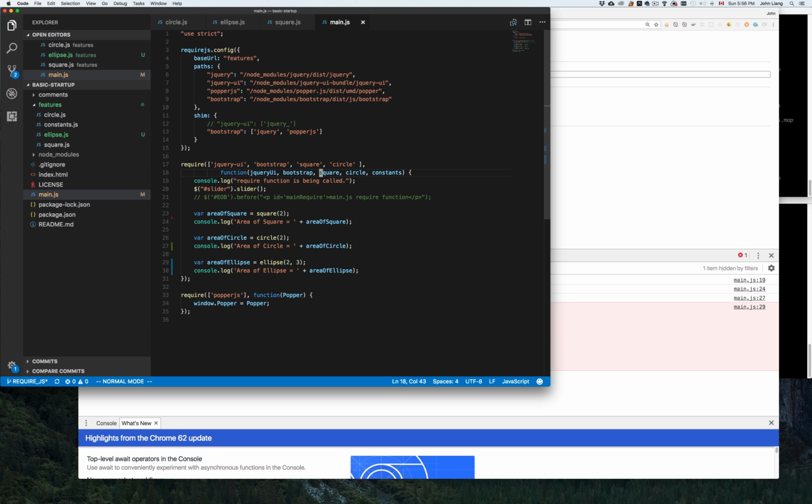Alright, so let's load in the ellipse right here. Okay, and remember the order of these is important. So 1, 2, 3, 4, 5. The fifth one is ellipse. So it must be here.